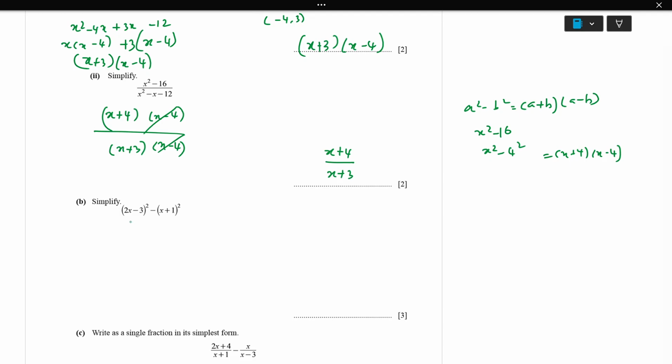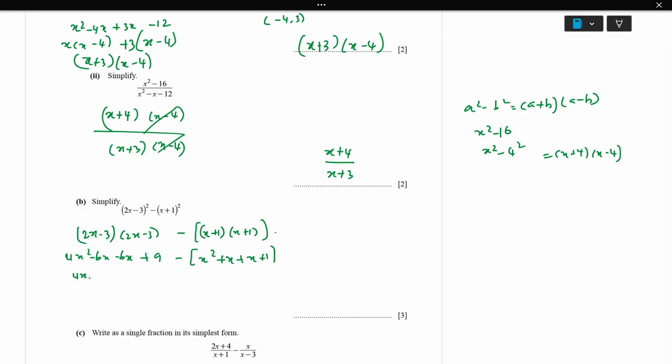The next question, simplify. So we need to expand. The first one is 2x minus 3 times 2x minus 3, and minus of x plus 1 times x plus 1. Expanding, we get 4x square minus 12x plus 9, minus of x square plus 2x plus 1.